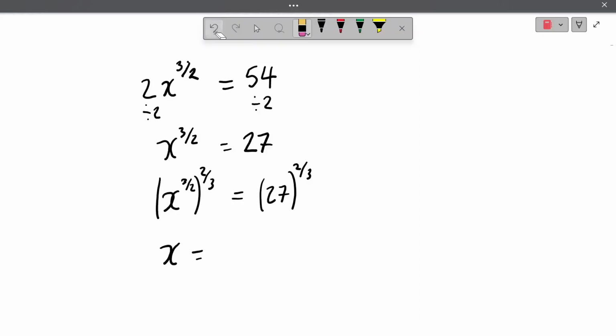And then you have 27 to the power of 2 over 3. So that's the same as the cube root of 27, squared. So that's the power of a third. Cube root of 27 is 3. So you can do 3 squared, which is 9. So in this case, x is 9.